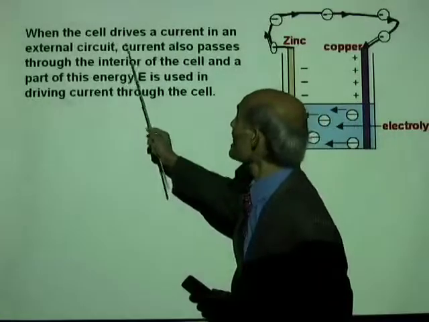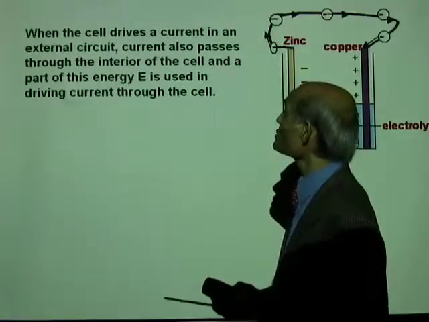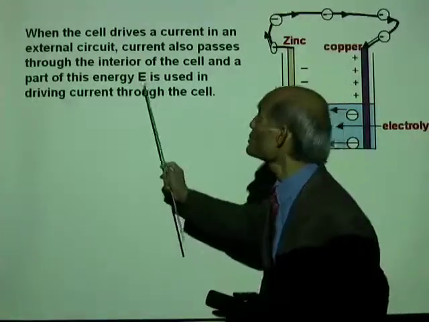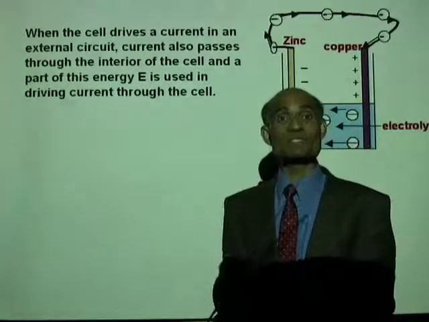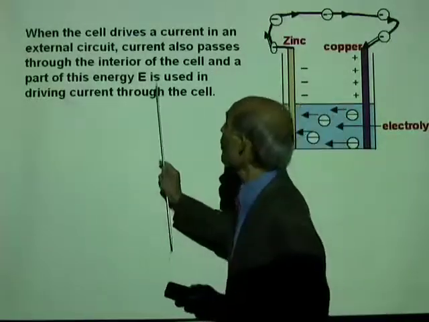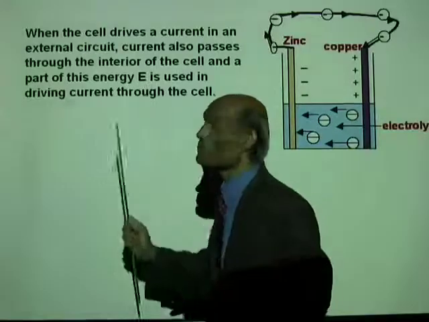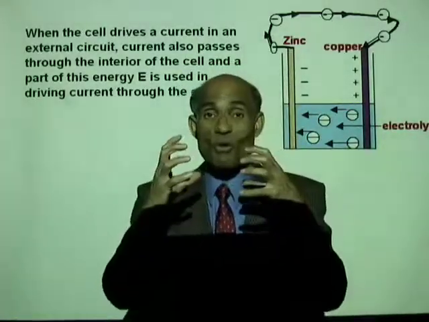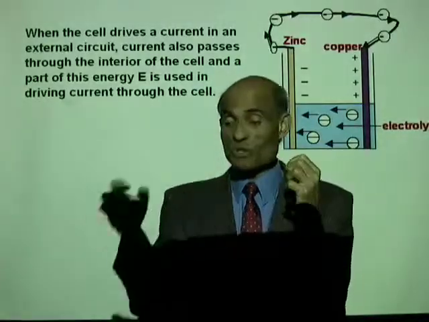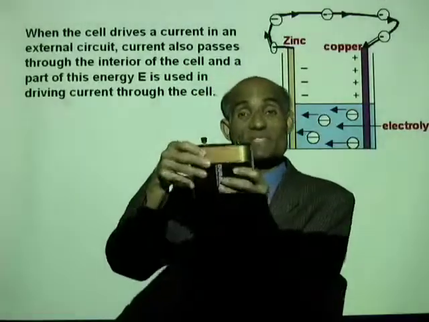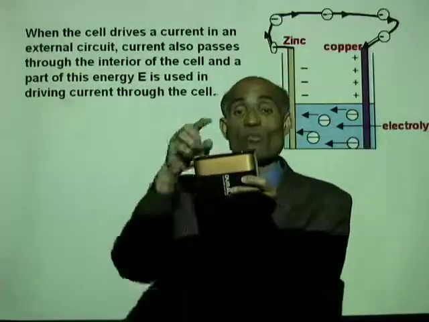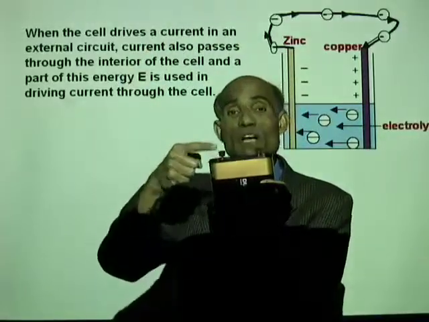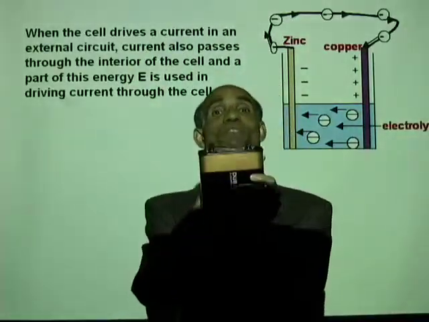Alright, when the cell drives a current in an external circuit, the current also passes internally through the cell. Therefore, what does this E really represent? The electromotive force can be considered to be the total energy the cell makes available for electric current to be driven externally through a conductor and internally through the cell.